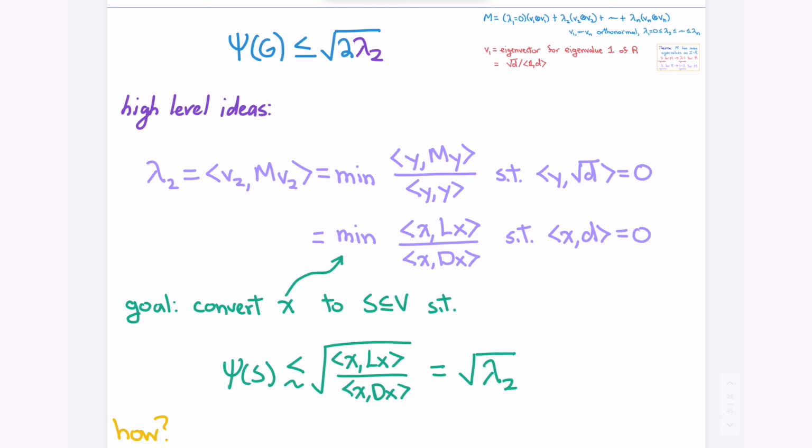can I convert the eigenvector to a cut? Just at a high level, any ideas? You may be able to guess the algorithm. Yeah, a probability distribution of what you take. Oh, okay, maybe. So one thing I should point out, for example, is that x can have negative values. x will certainly have some negative values, since this is a positive vector.